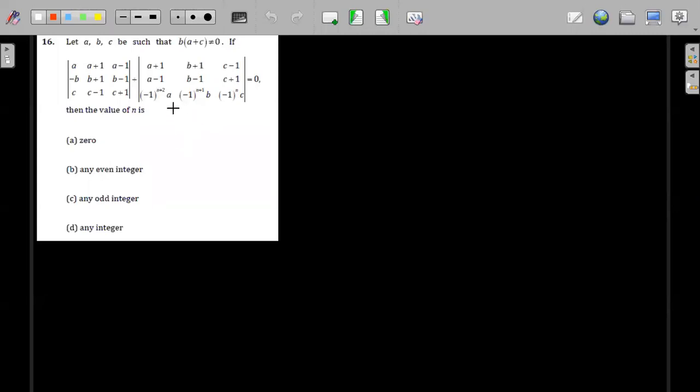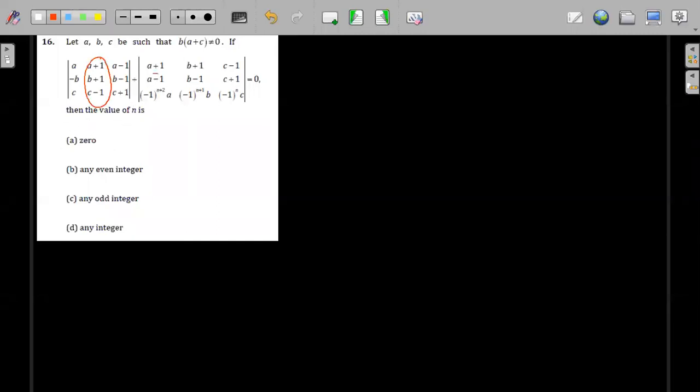But see, in this question, what I saw was that here we have a, b and c. Here we have a, b and c. In this also we have a, b and c, right? We multiplied with some minus 1 to the power n. Okay, that we'll check. So here in the second column of this determinant, we see a plus 1, b plus 1, c minus 1.